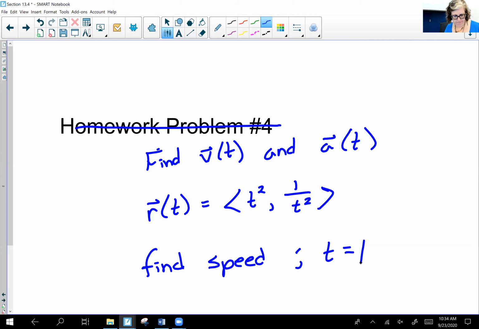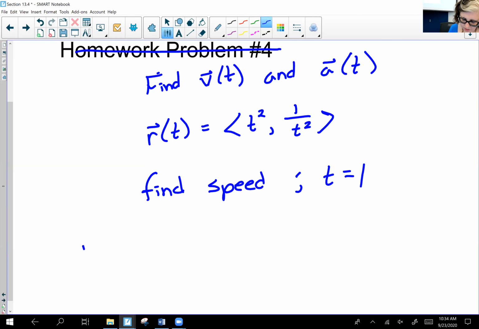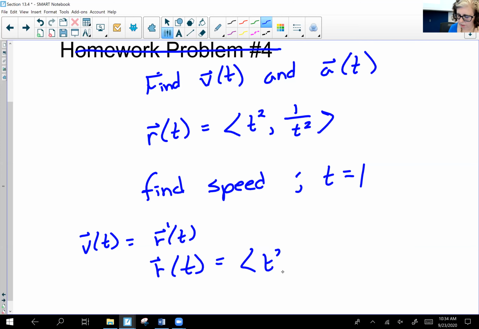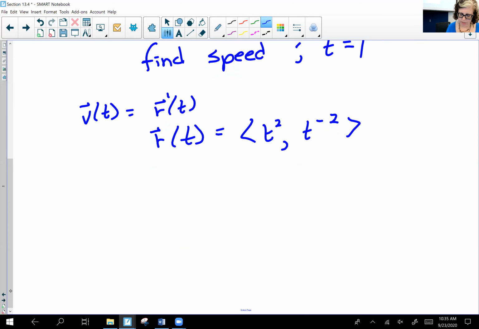All right, so let's take a peek at this. The velocity, I just need to take the derivative of r. Now I'm going to rewrite my r. Hopefully this is intuitive to you guys. It should be at this point in your careers. It seems to be my 212 students that we have to spend extra time talking about turning positive into negative exponents, because they try to take derivatives when it's a 1 over t squared, and then they get all confused.